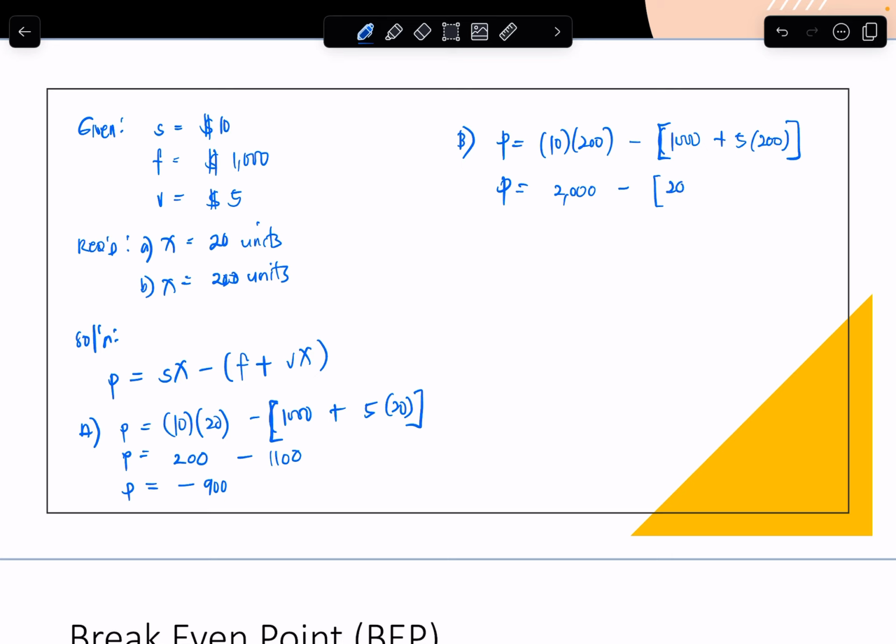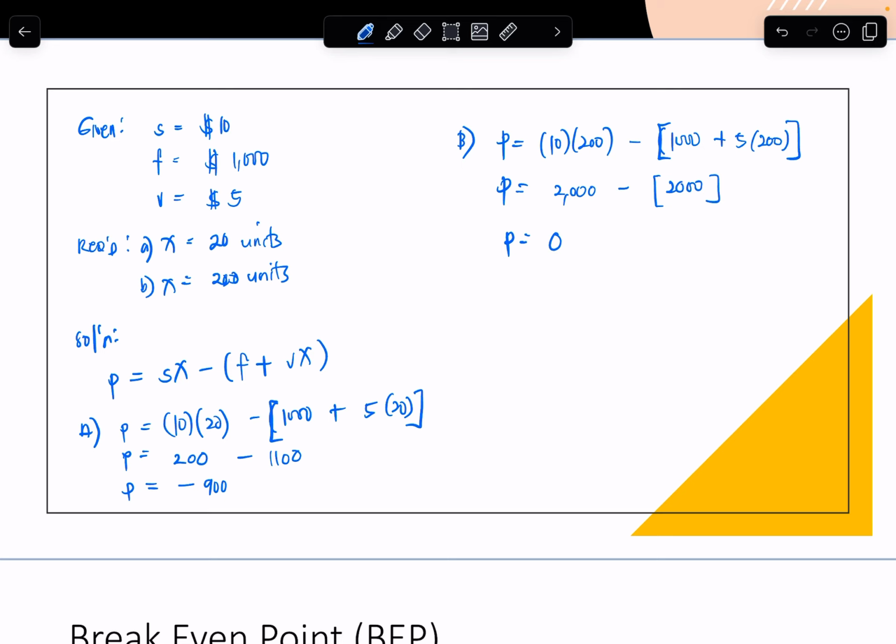That would be 2,000, so the profit will be 0. That means I need to produce 200 units for break even. I did not gain a profit, and I did not lose either.